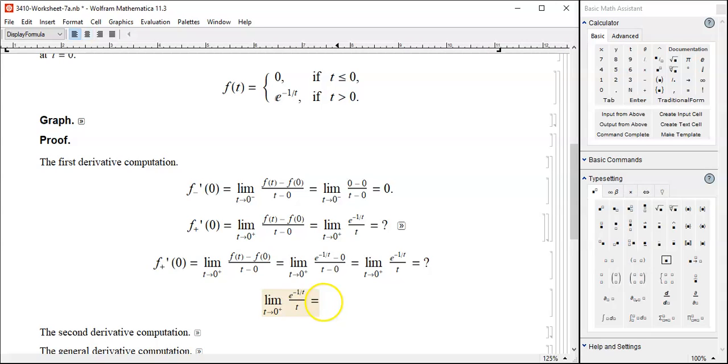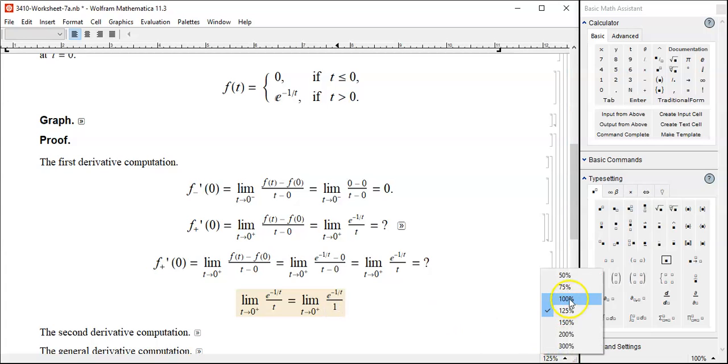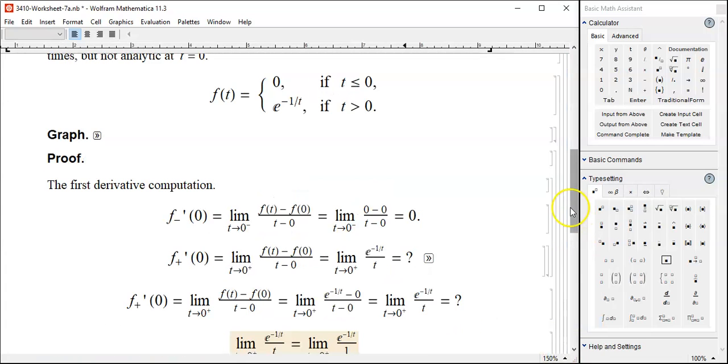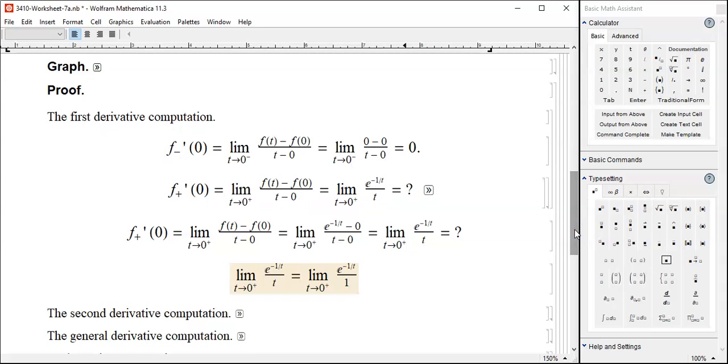And let's take the derivative of both numerator and denominator. The derivative of the denominator is pretty simple. It is just 1. And let me expand the font even further. I have a denominator and an exponent, so I'd like to have a much bigger font. Okay, this simplified looks good.